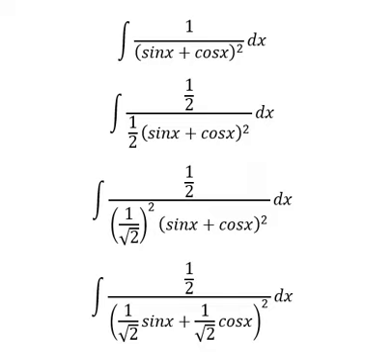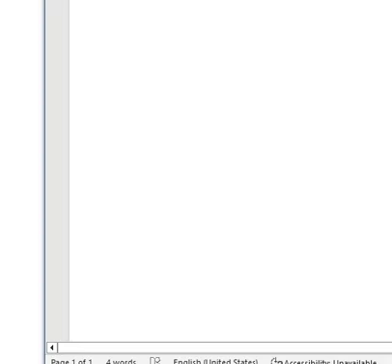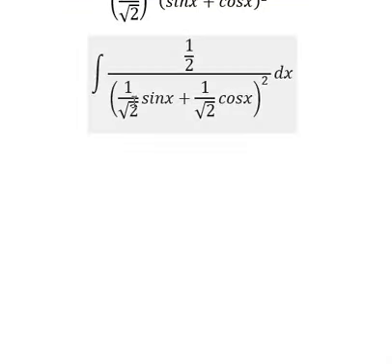Next, we know that cosine of b over 4 and sine of b over 4, that is about 1 over the square root of number 2.